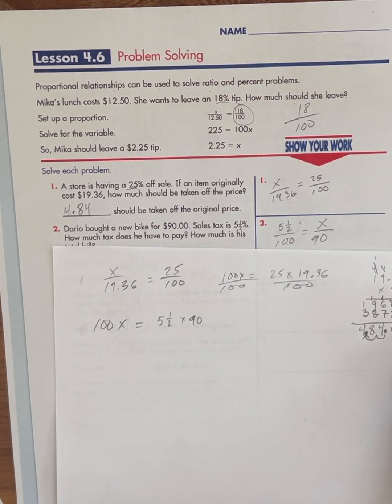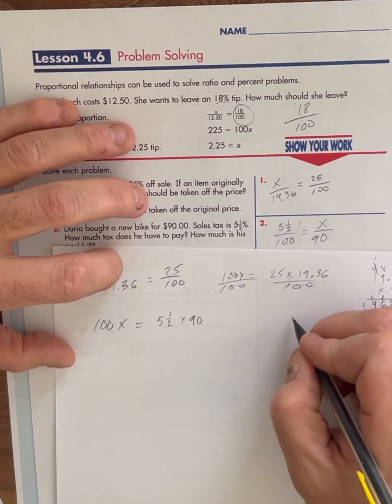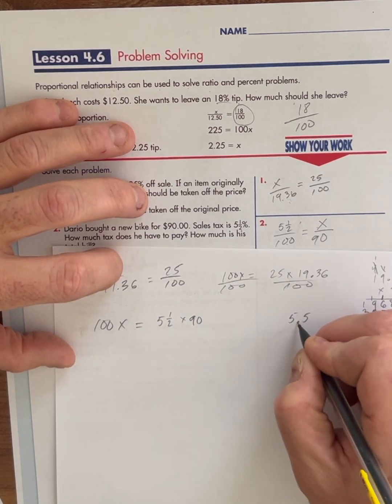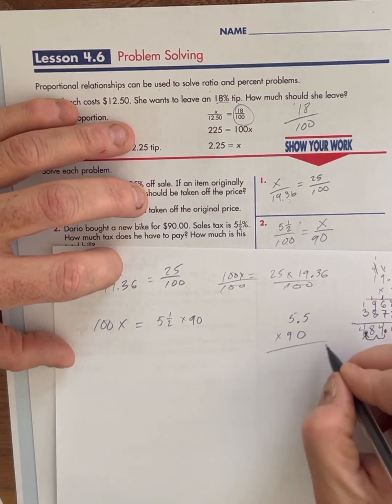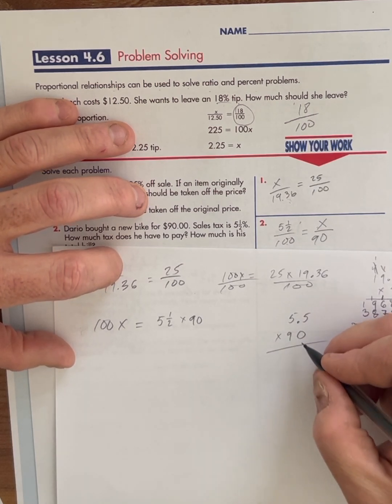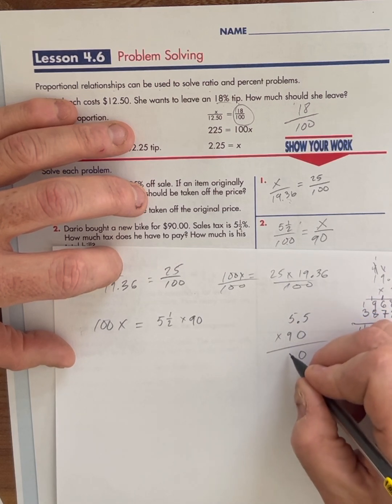Let's do that. 5.5 times 90. 0 times 5, 0 times 5.